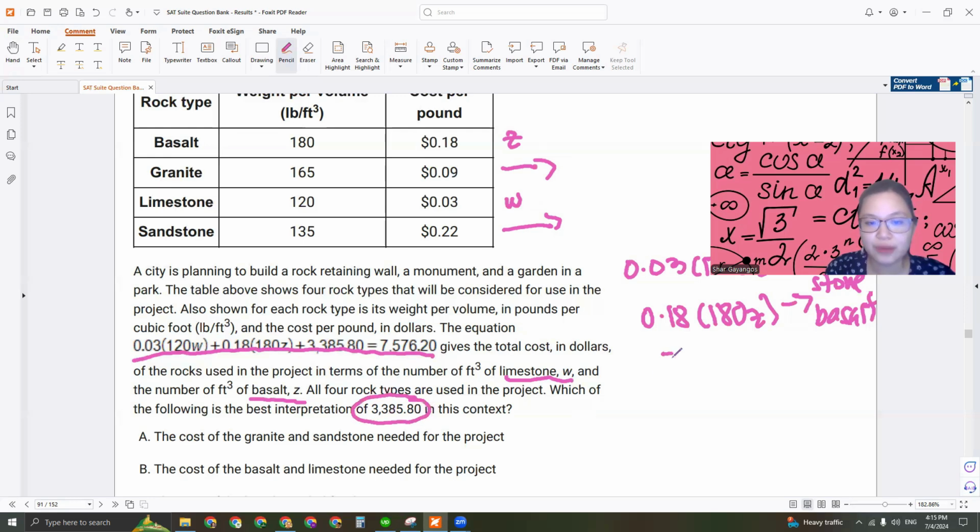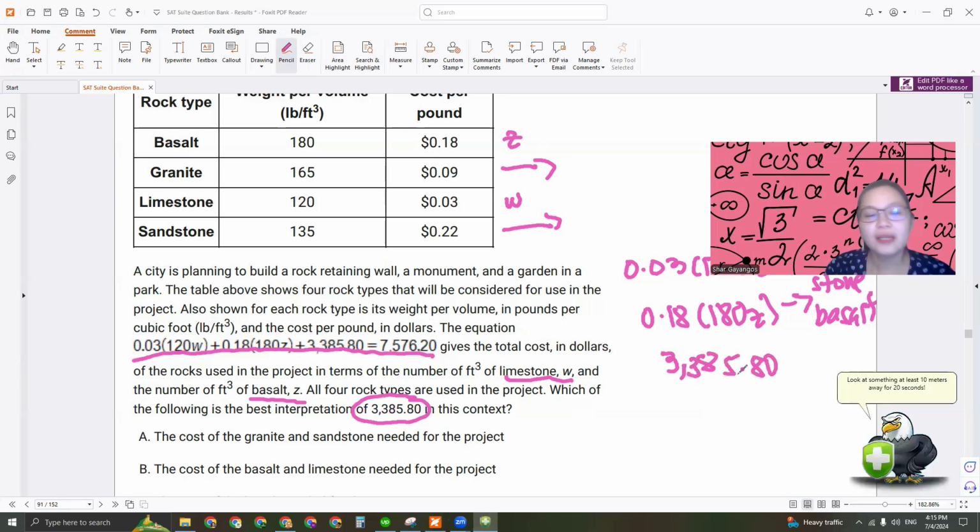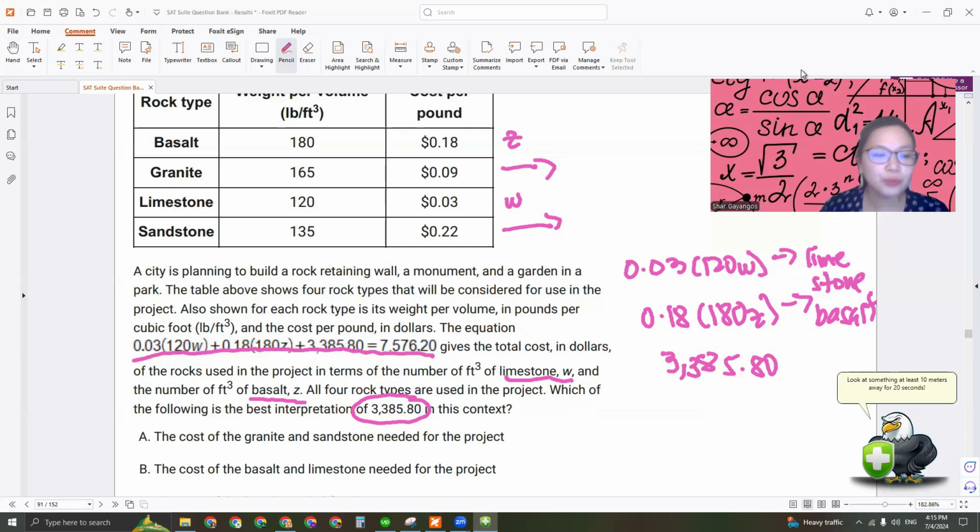So the third value in the equation, 3,385.80, and then equals, we have this amount. From what we're seeing, the equation already breaks down the cost of limestone and basalt.